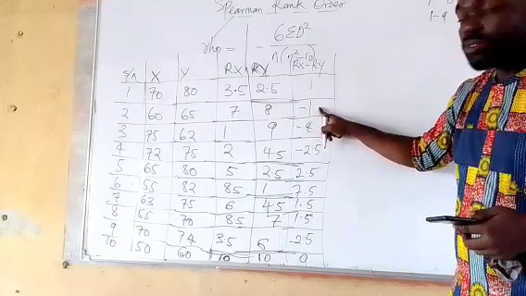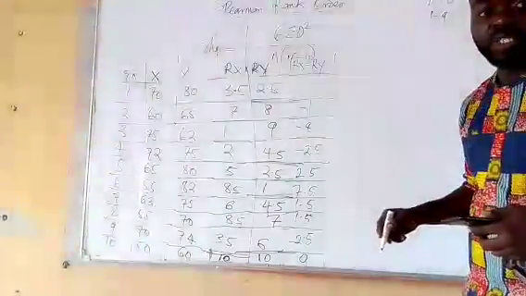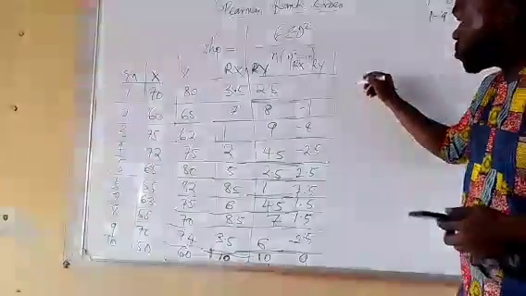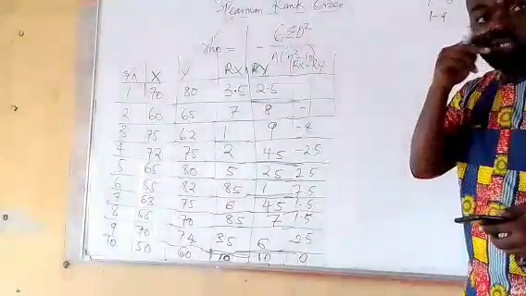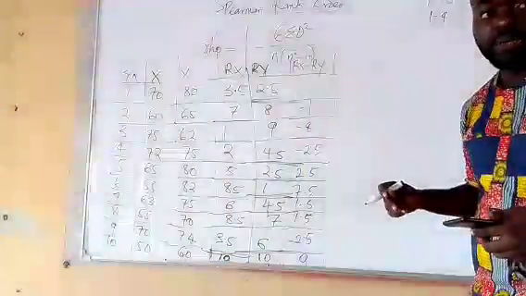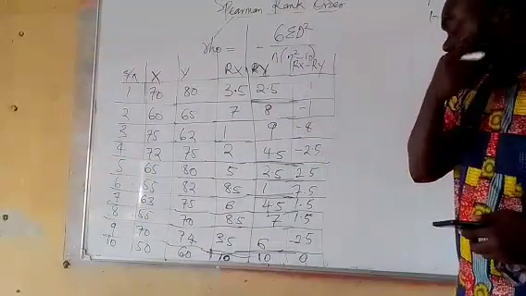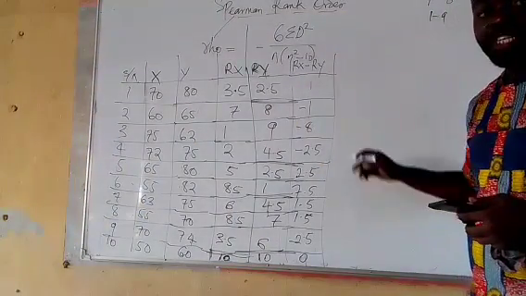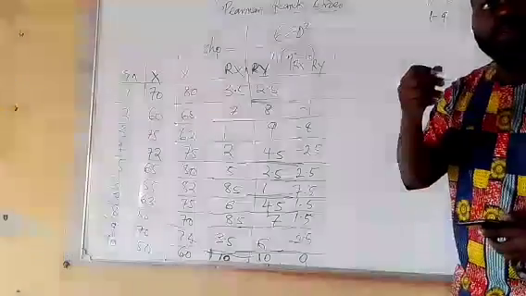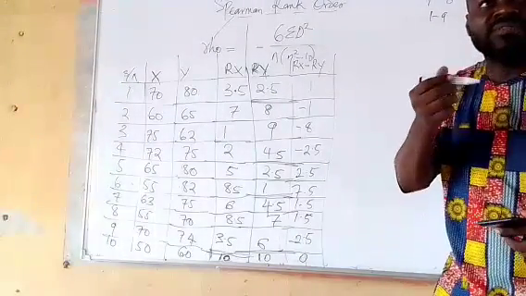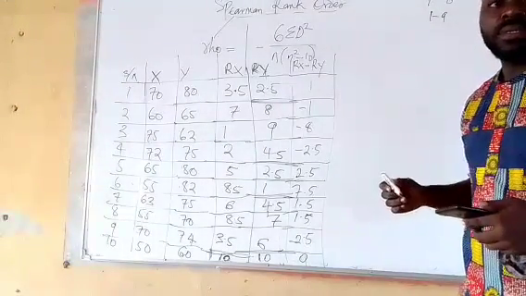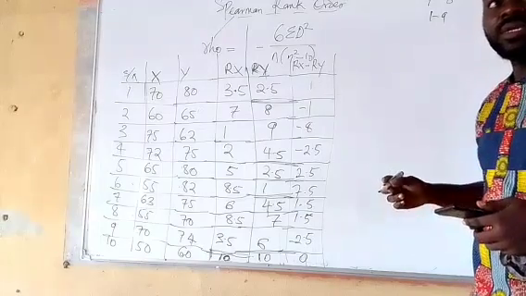Which one? You're not punching it well now. Did you set the calculator well? 1 plus minus 1. Let's move further. Mr. Anthony, please come and help her to set the calculator. This is a scientific calculator. Maybe she did not set it well.